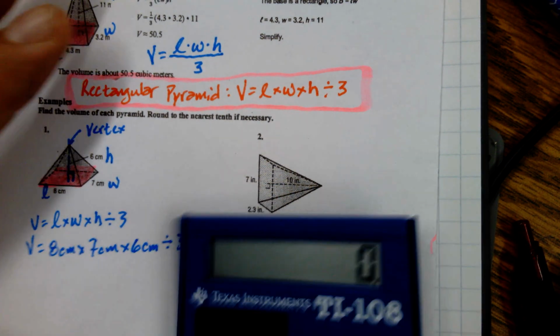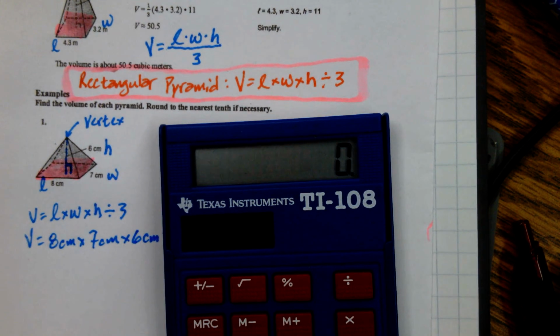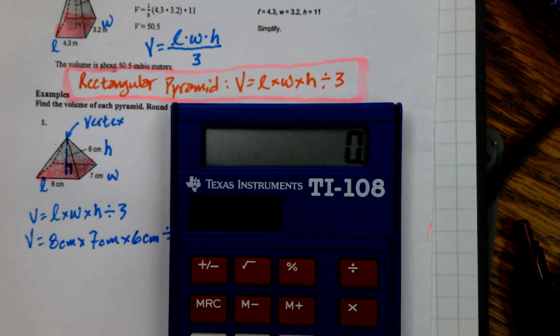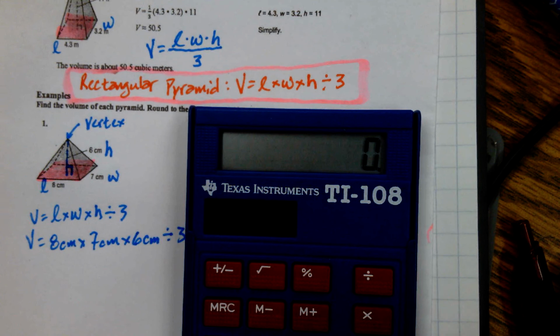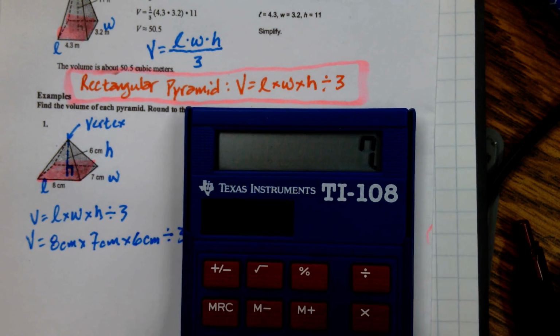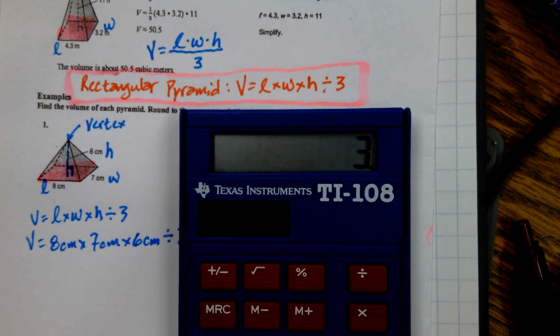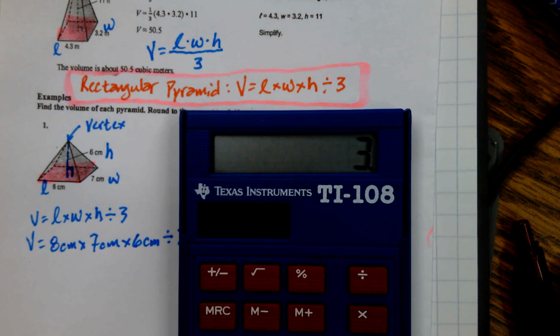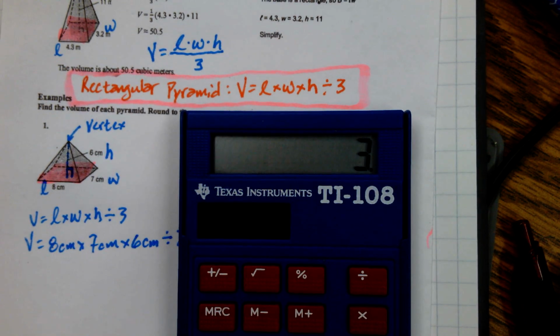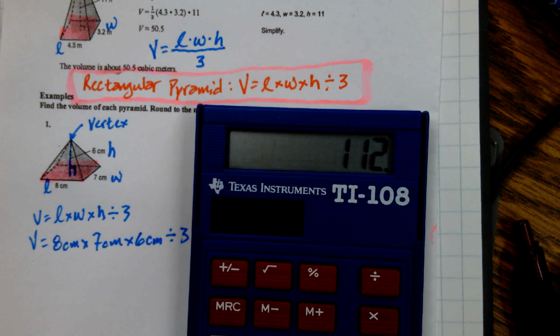So in our calculators, let's all practice. Let's take 8, multiply it by 7, multiply it by 6, and divide by 3. Okay, let's pause.